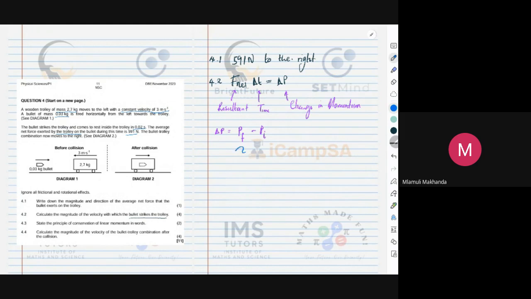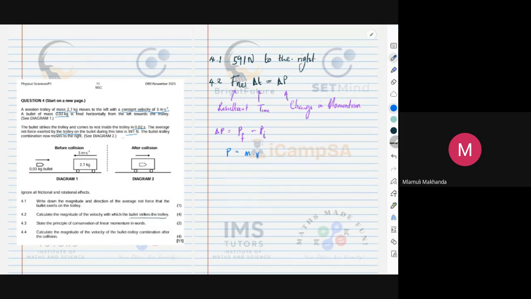And we already know that p itself is equal to m times v. This is our momentum. Okay, let's move on. Since we have the net force here, what do we want? We want the magnitude of the velocity, which is vi.